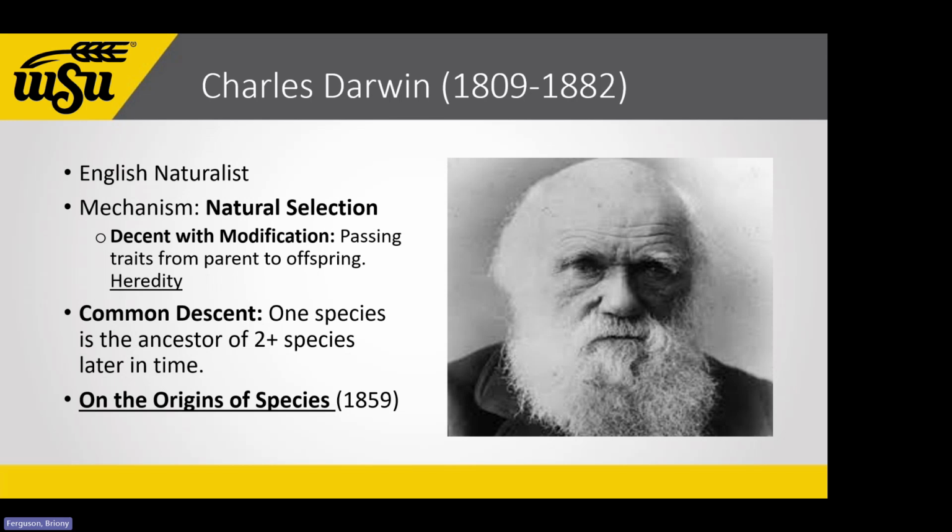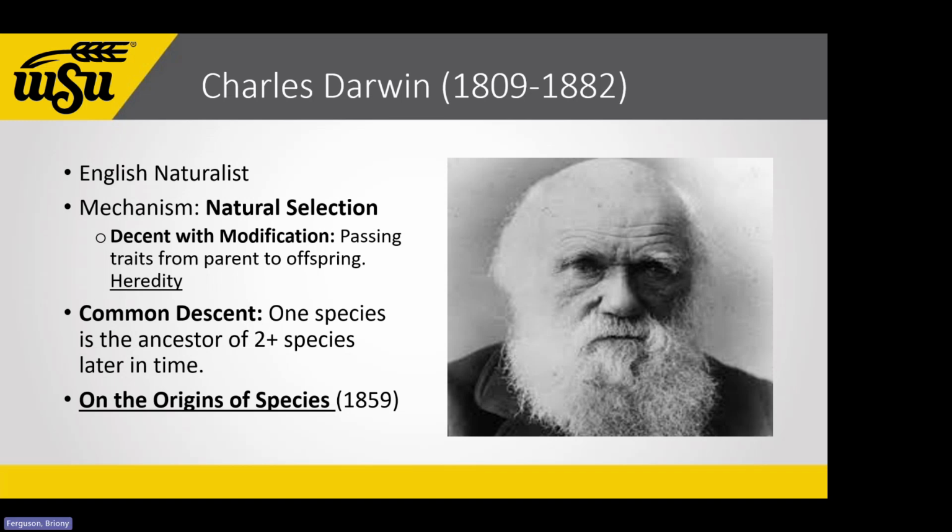He also had this idea of common descent, so that one species is the ancestor of two or more species later in time. So this is really the first time that we're seeing a theory for evolution that has a mechanism behind it, something that can actually prove it exists.